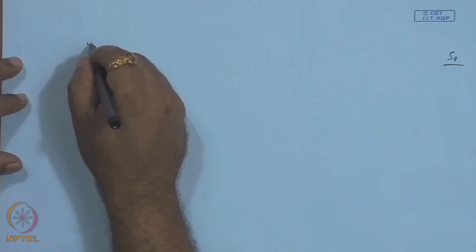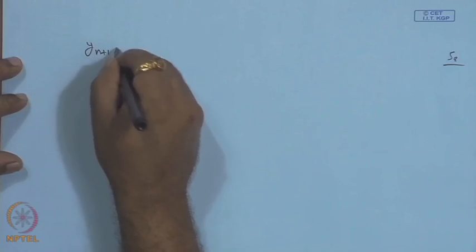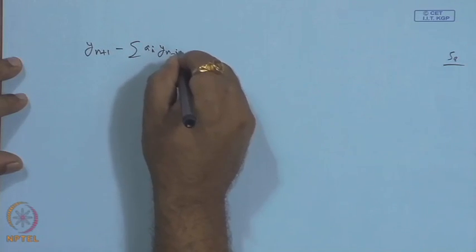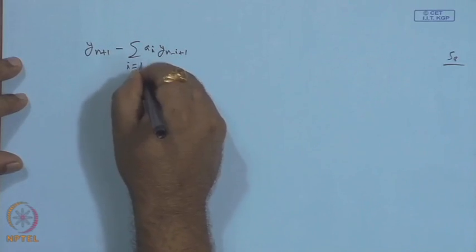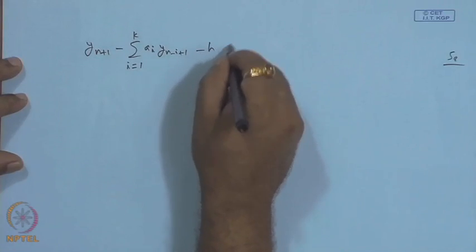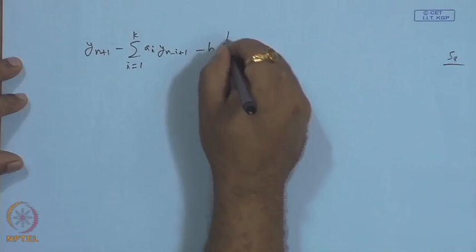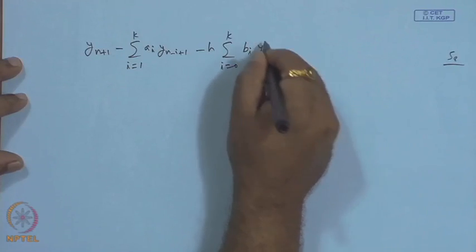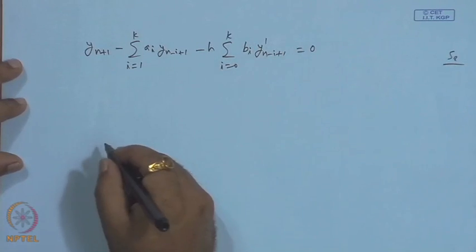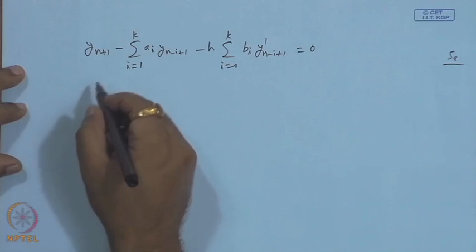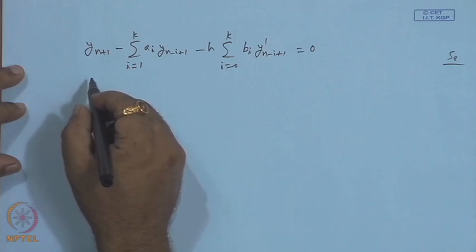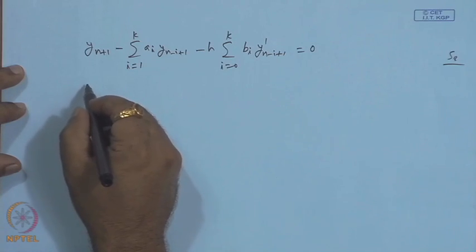So, we have y n plus 1 minus, okay, now in terms of the forward operator, define.